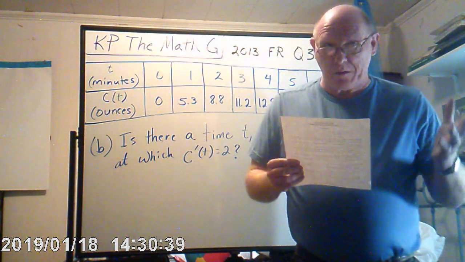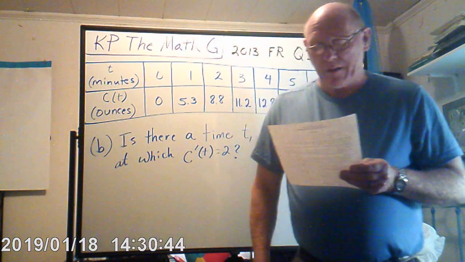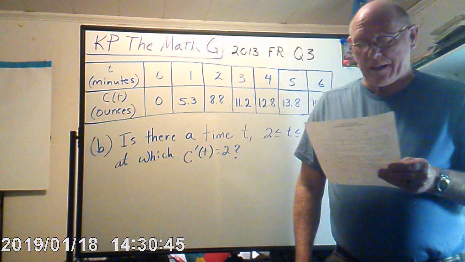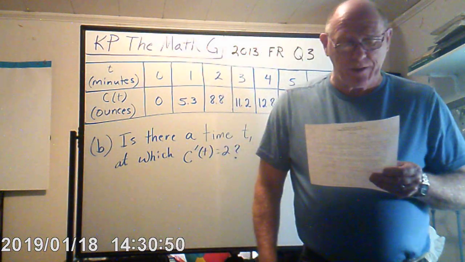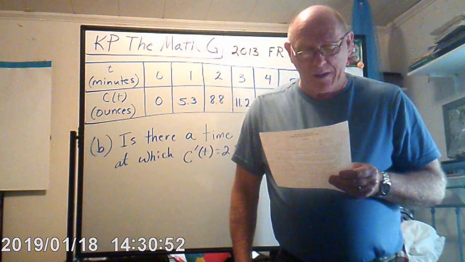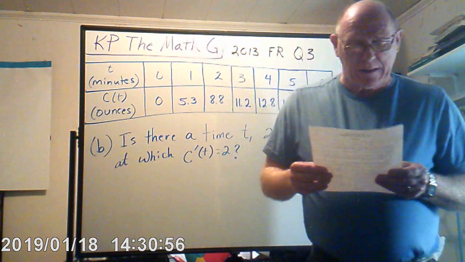Differentiable also means it's continuous. The function is continuous, where t is measured in minutes. Selected values of C of t, measured in ounces, are given in the table above.